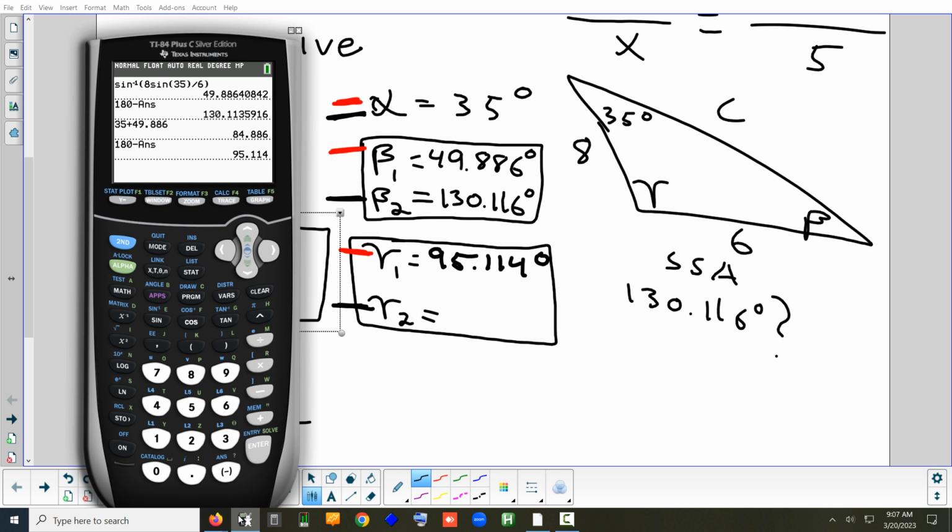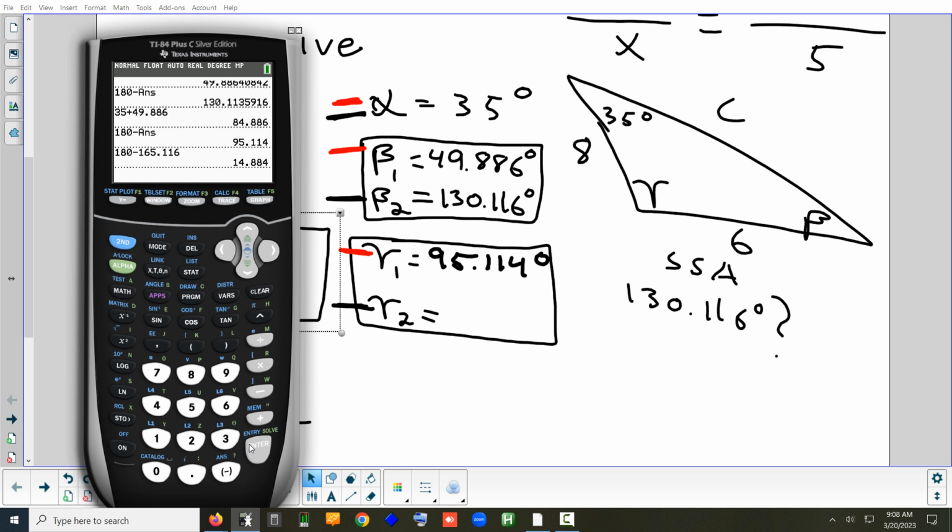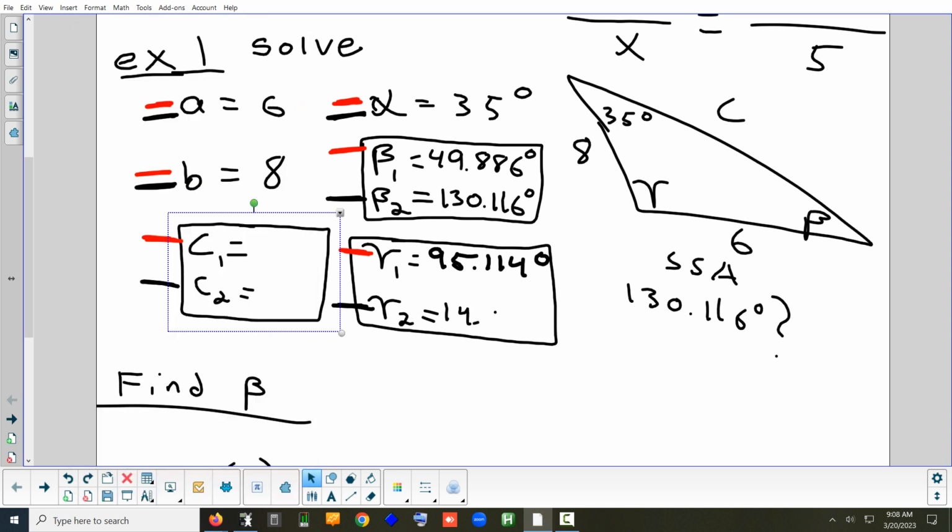So there's actually 2 rows in that table that are red rows that have everything in it. Which row should I use? The row with A and 35 degrees. Yeah, you want to stick with that red row, even though beta 1 is a red row that has everything in it. We don't want to use it because the 49.886 was calculated by us and it's rounded. So we don't want that. So we're going to stick with sine 35 over 6.